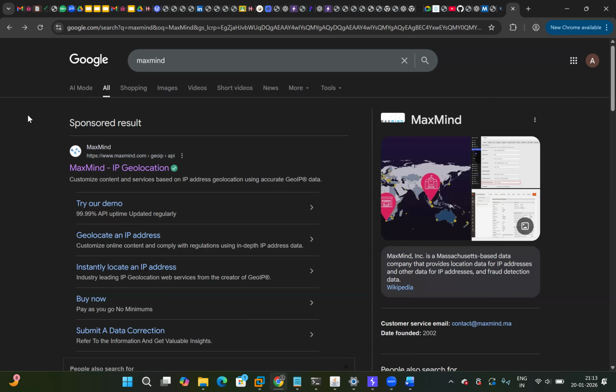On this kind of data, organizations build use cases. For example, an organization wants to block any access that is coming from China, or any IP that is going to China, or any server that is hosted in a China location. They don't know that, because in the network only IP addresses travel.